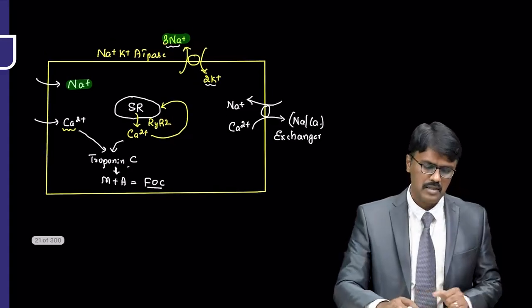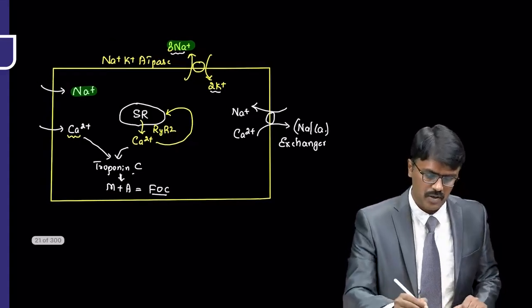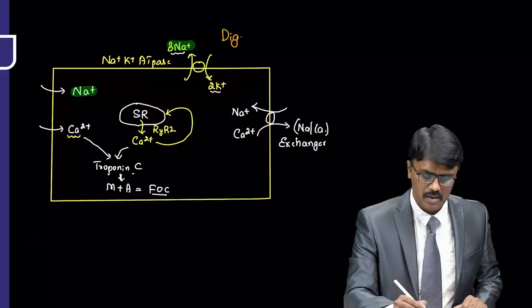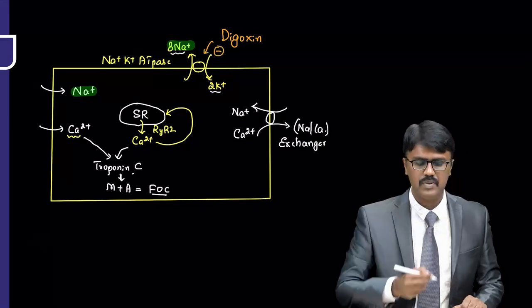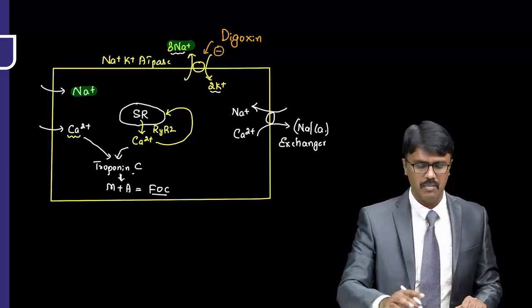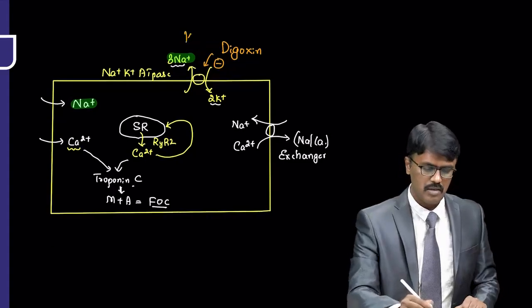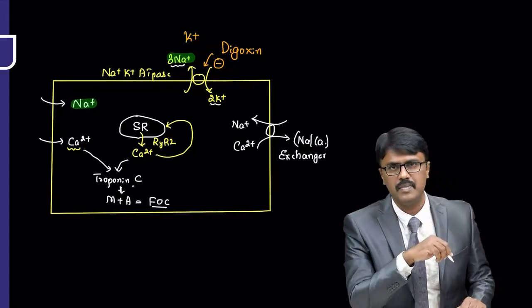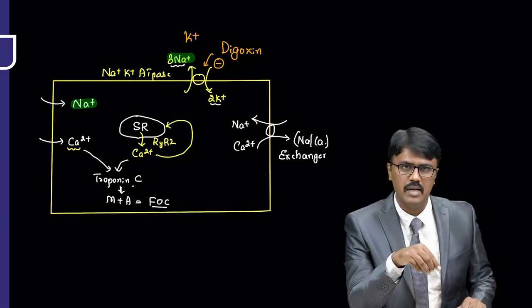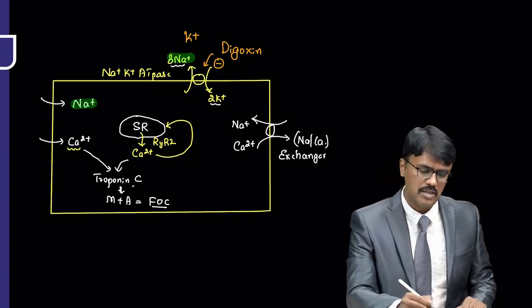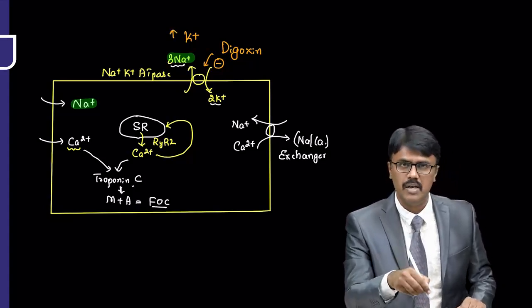Now what happens when I start a patient on digoxin? Digoxin inhibits this pump. Remember, digoxin and potassium are enemies. They don't bind to the same site, they bind to different sites, but when the potassium is high, digoxin cannot bind.